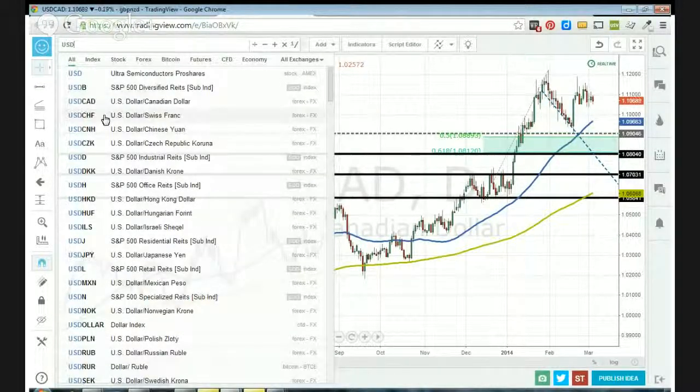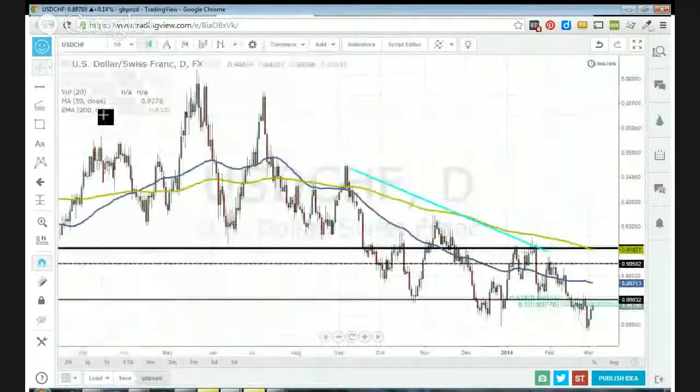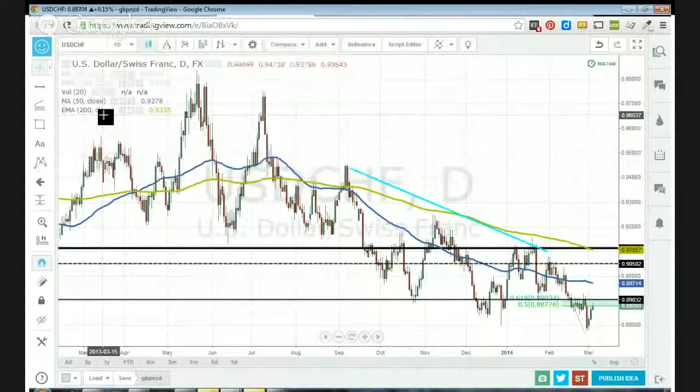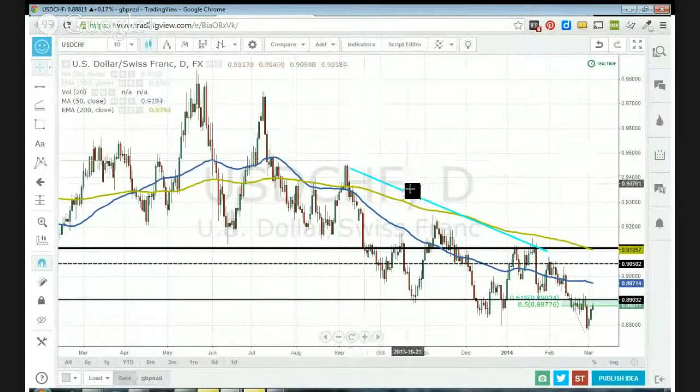Let's go to dollar Swiss. Also in a downtrend, and now this could be an interesting short for sure. What's this blue line doing here?